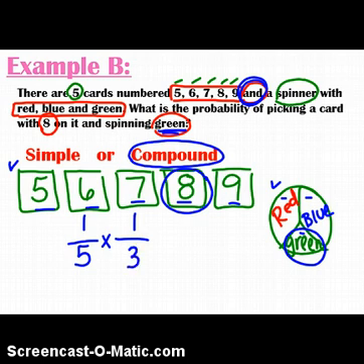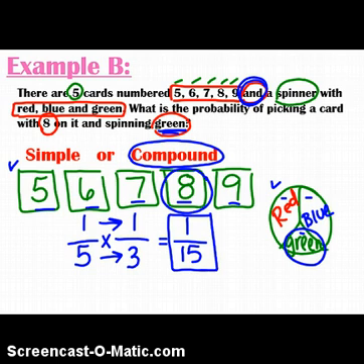So 3 would be my denominator. And all I need to do is multiply straight across. 1 times 1 is 1, and 5 times 3 is 15. So my answer is 1 out of 15. I have a 1 out of 15 chance of picking a card with an 8 on it and spinning a green at the same time.